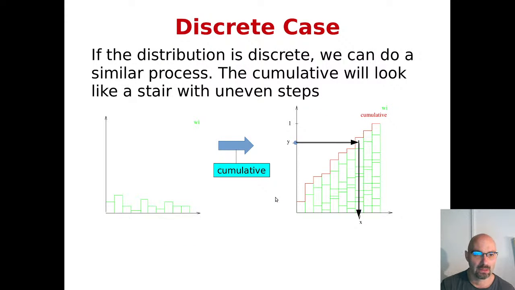Now, in the discrete case, the same holds, and this reflects the game of the Dirac that I was mentioning.